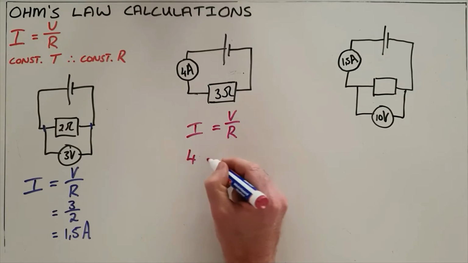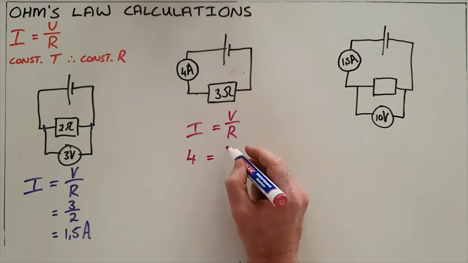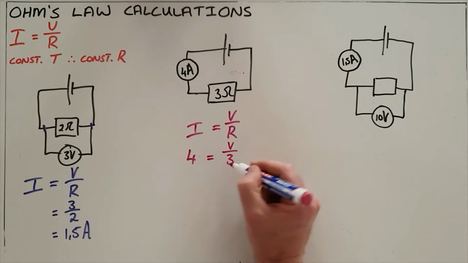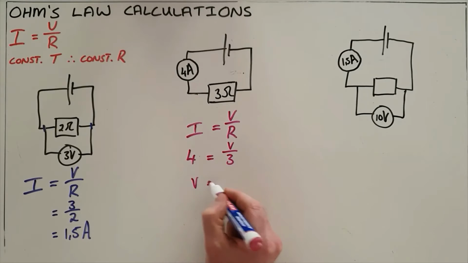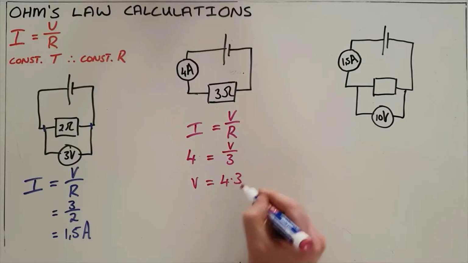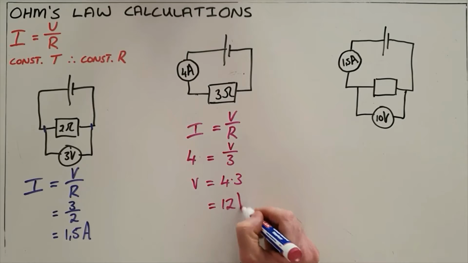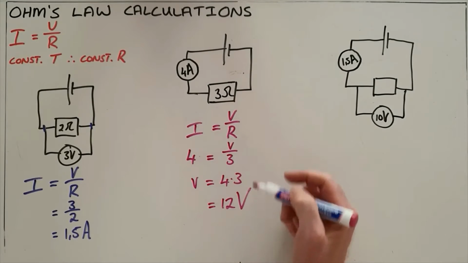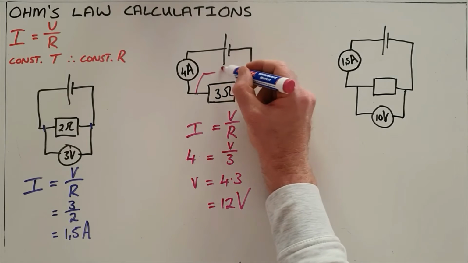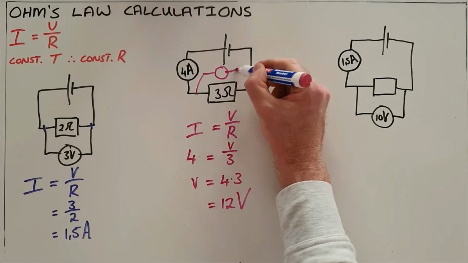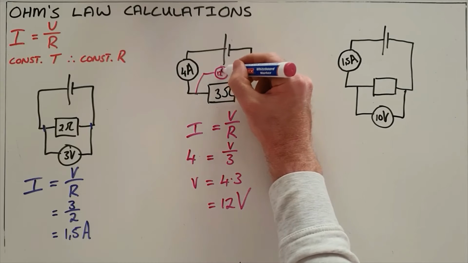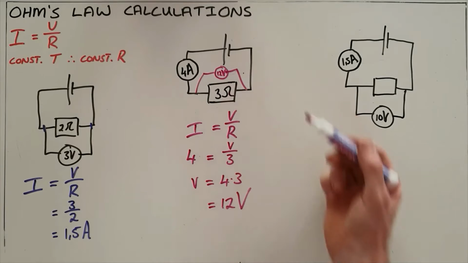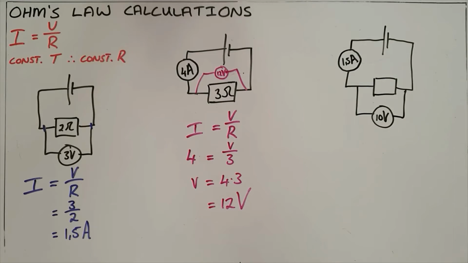We substitute in our 4 amps for the current that we were given, the voltage is our unknown, and the resistance we were told was 3 ohms. We can rearrange this as V is equal to 4 times 3, and we can then therefore say the voltage over this 3 ohm resistor is 12 volts, and if you want to, you can draw a voltmeter in there to illustrate that as your calculation, 12 volts, because voltmeters and ammeters have no impact on the operation of the circuit.